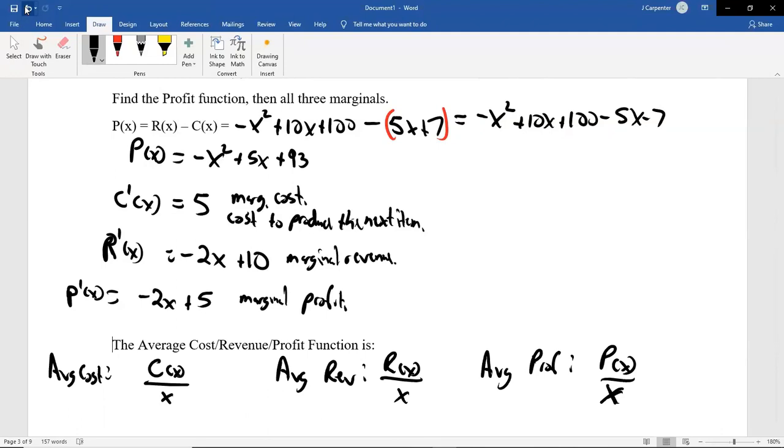It might cost you only $3 to make the 100th one, and maybe only $2 to make the 2051st one. So your costs are hopefully descending as you make more and more in terms of a unit cost. So what is an average? You add up the number of things and you divide by the total number of them. x represents the total number of them. That's why we just take the original function and divide by x. So these are our average costs. These are our average revenues. These are our average profits.